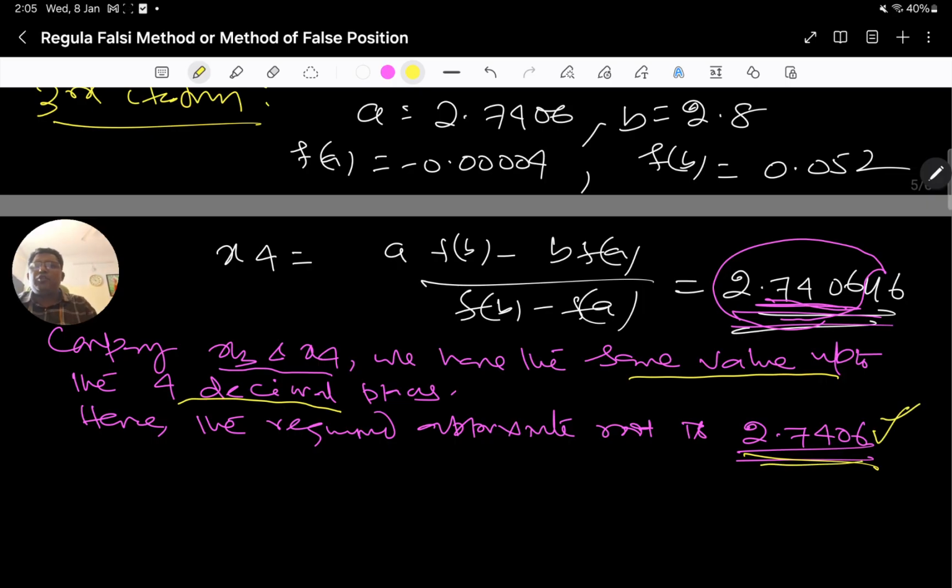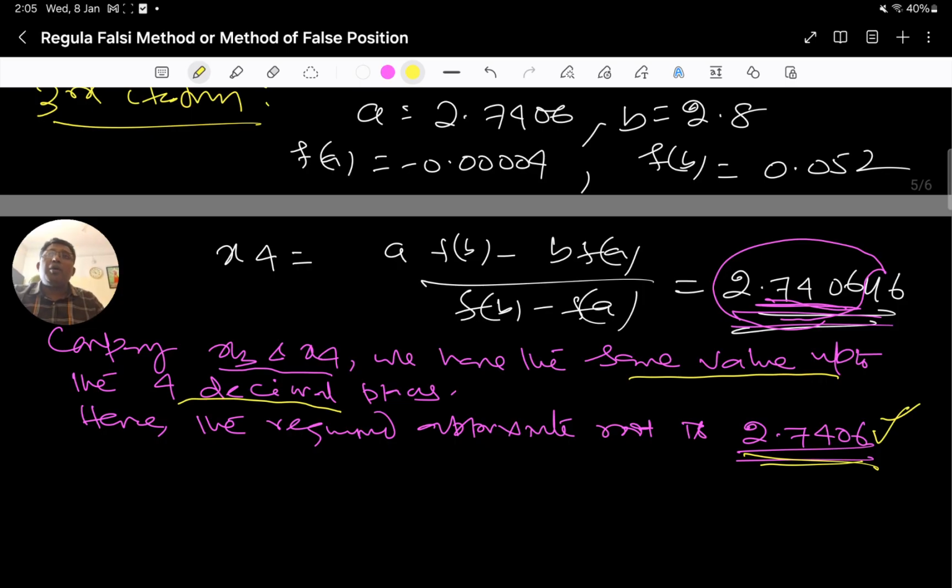Now coming to the concluding remark of this lecture: in your Regula Falsi method or method of false position, in each step we have to check fa into fb is negative. Since we are checking that, based on the intermediate value property, this method will surely converge. However, the convergence is slow, it is linear.